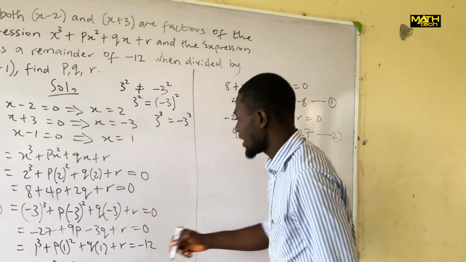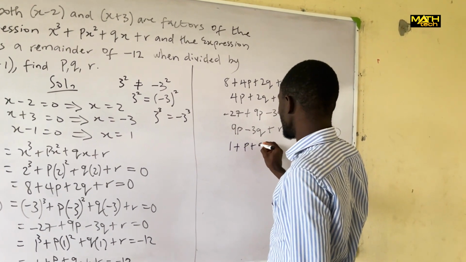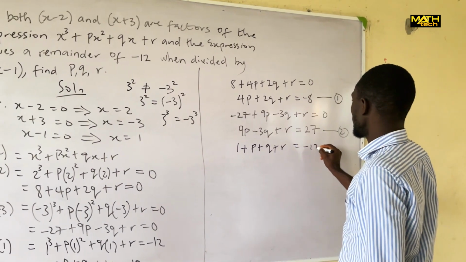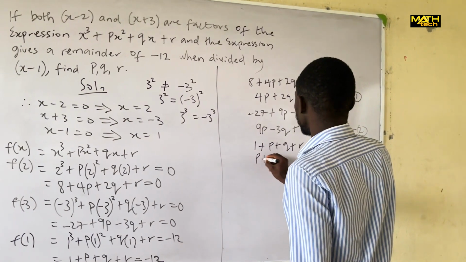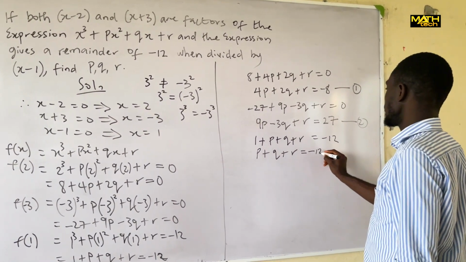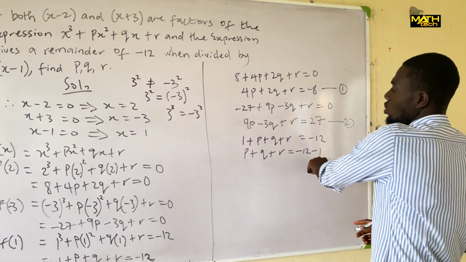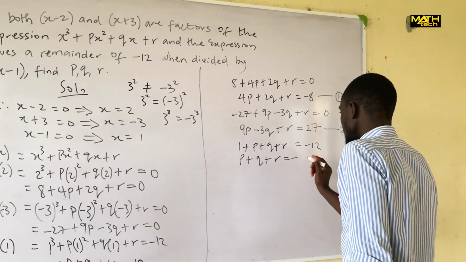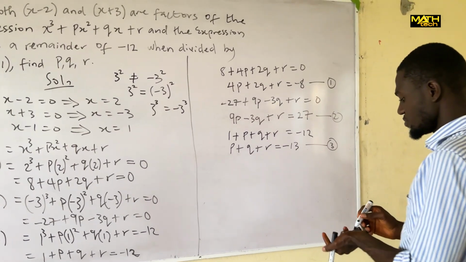Same thing for the third, we'll be having 1 plus p plus q plus r equal to minus 12. Now this crosses over, so we'll be having p plus q plus r equal to minus 12 minus 1, and it turns to minus 13. So I'll call this equation 3.